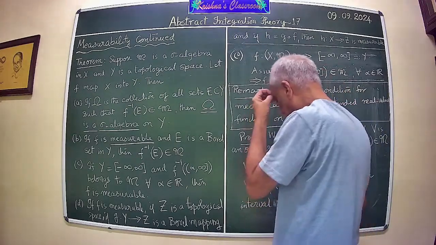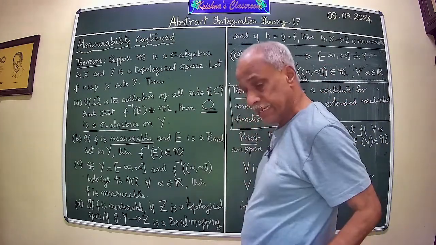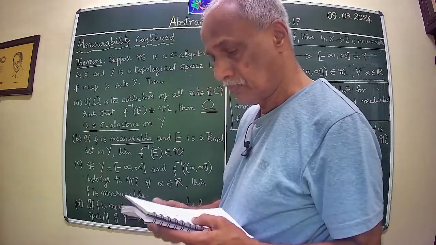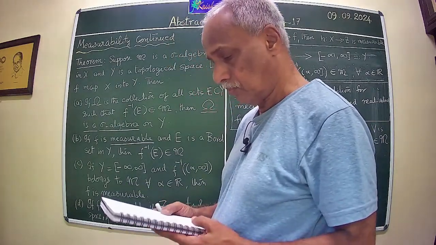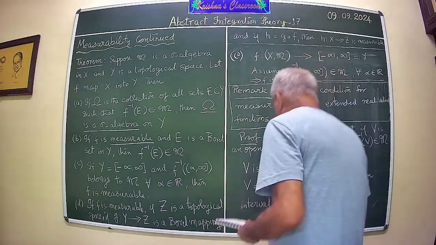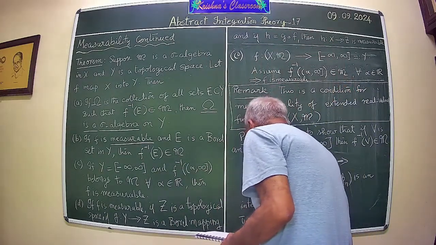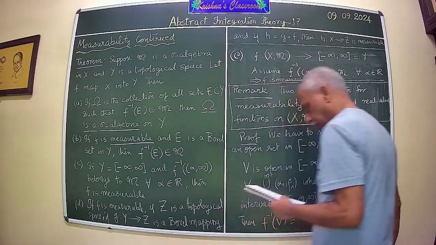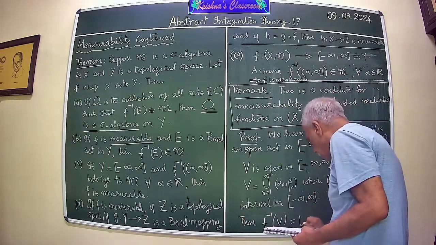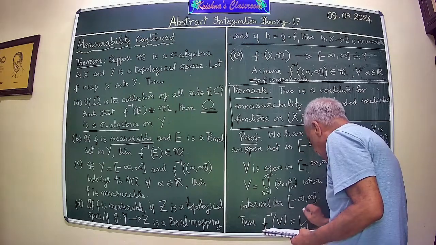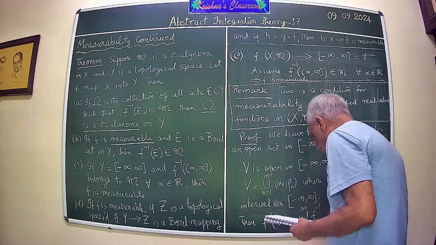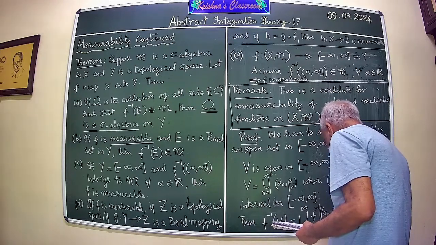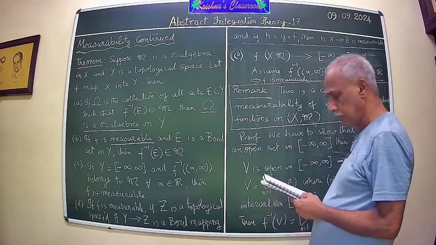So you see that you can easily get F inverse of V equal to the union of F inverse of alpha n, beta n.